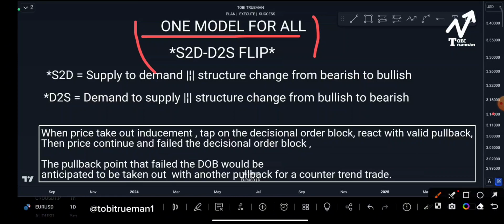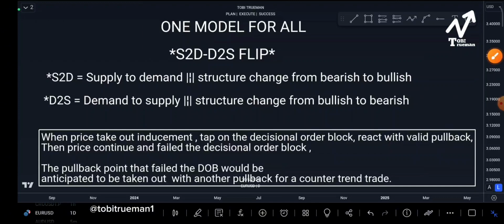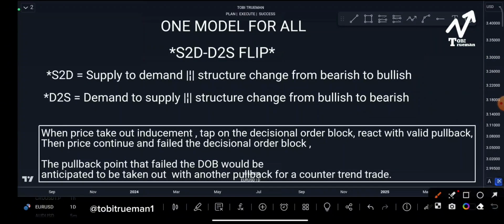Just like that. Those types of trading styles can be very rigorous and may not be profitable in the long run. Even if it is profitable, you can only calculate your success with 100 trades, and you know what that is all about. But using one model for all, this particular flip pattern we want to be studying, will let us take a trade that meets the criteria for this particular model.